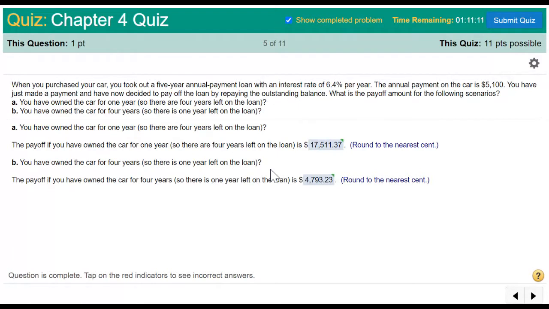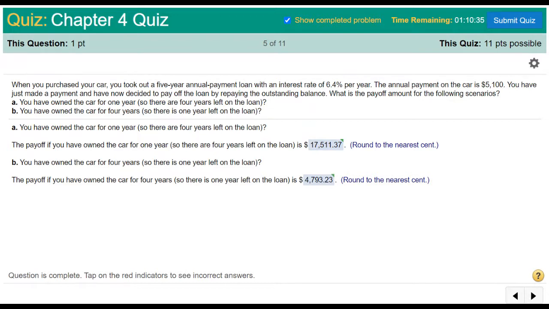Okay, so you've purchased a car. When you purchased a car, you took out a 5-year annual loan payment with interest at 6.4, and the payoff. So let's do this together. You're going to say N equals 4. IY equals 6.4. Annual payment is 5,100.